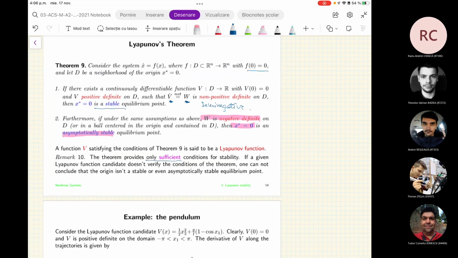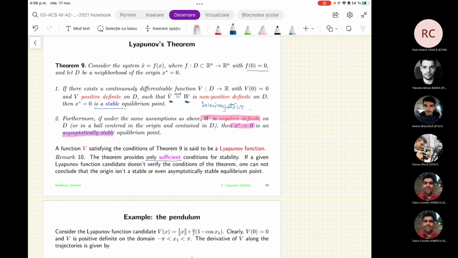A function V satisfying the conditions of the theorem is called a Lyapunov candidate function. So if a given Lyapunov function does not satisfy the conditions of the theorem, we cannot conclude that the origin is not stable. It's just we didn't find the proper Lyapunov function.